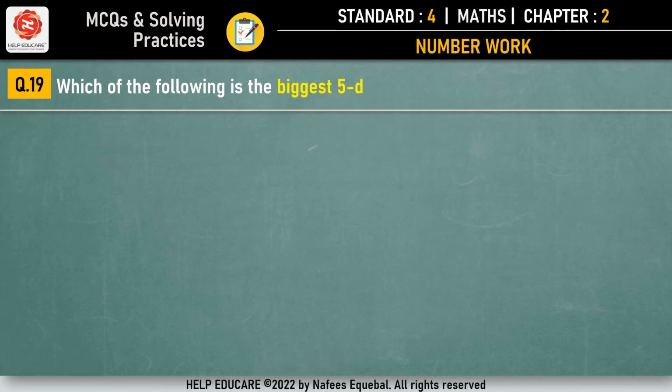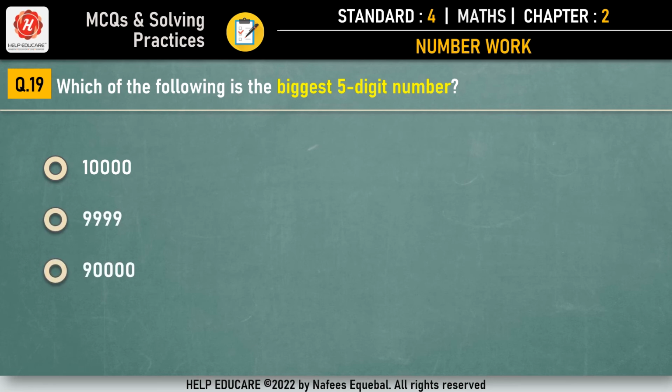Which of the following is the biggest 5-digit number? Answer will be displayed in 10 seconds. Correct answer is 99,999.